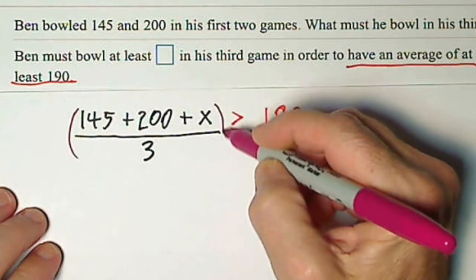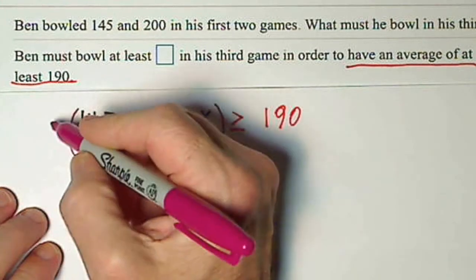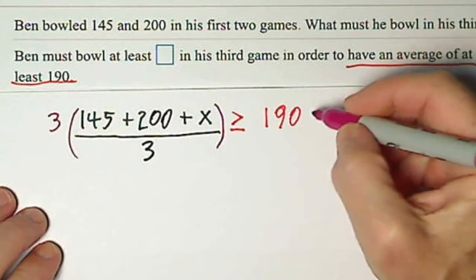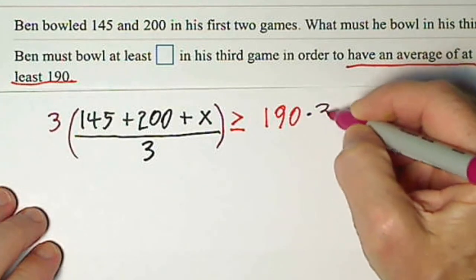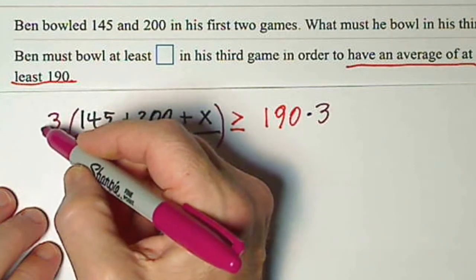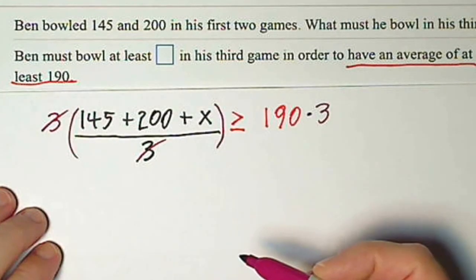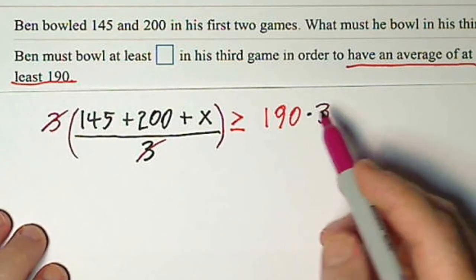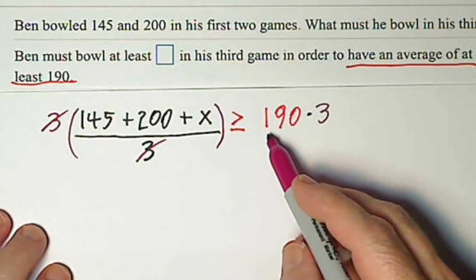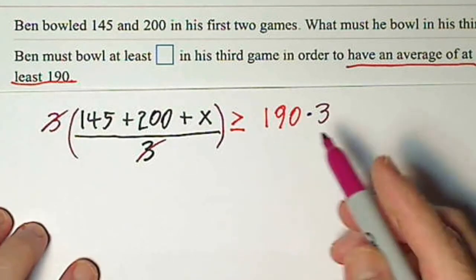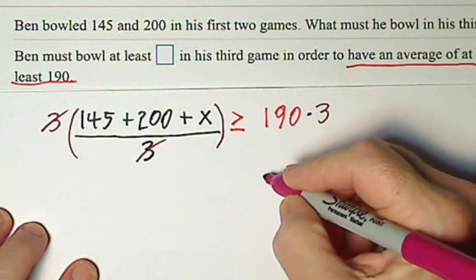Now to show that I'm multiplying everything by 3, I have to put all this in parentheses. Over here I can just say times 3. Okay? And 3 goes into 3 once, so that gets rid of our denominator. And over here 3 times 9 is 27.